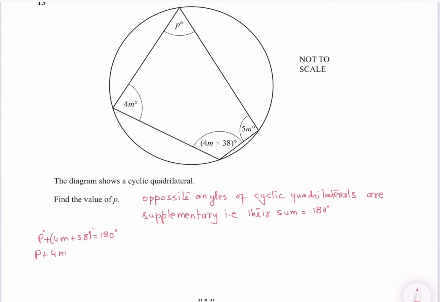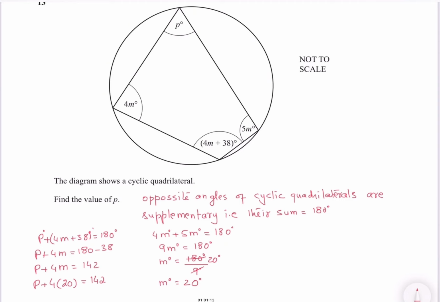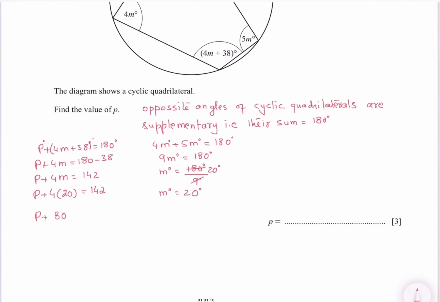And the other, 4m plus 5m equals 180. From here I can find out the value of m, which is 20. Use this value here to find out the value of p.